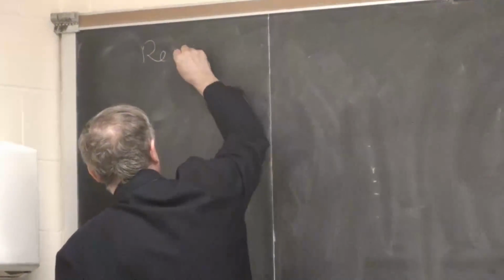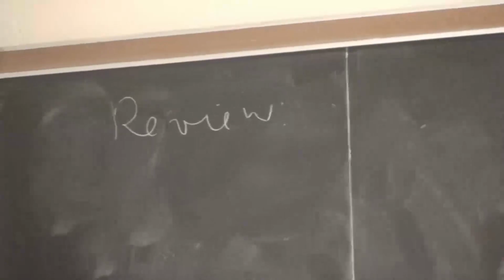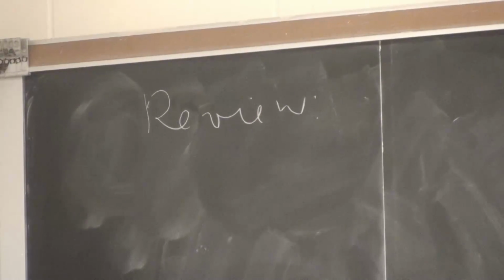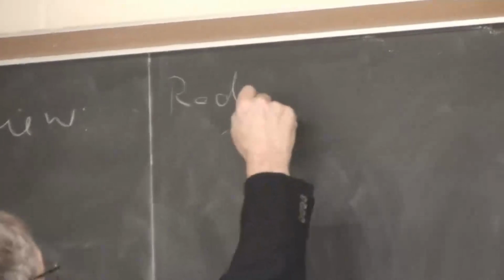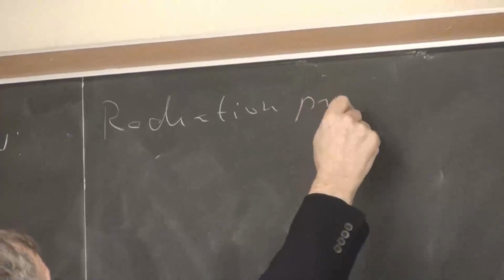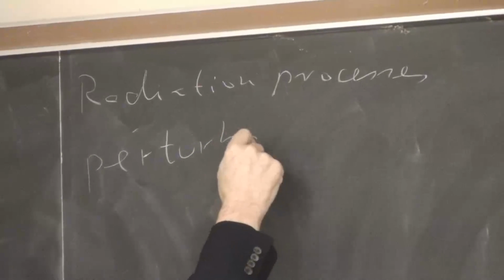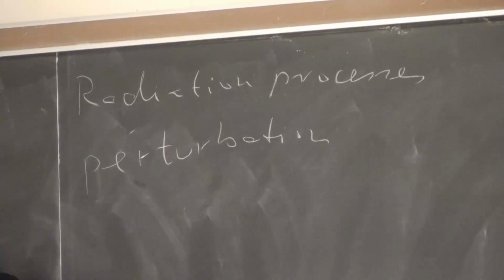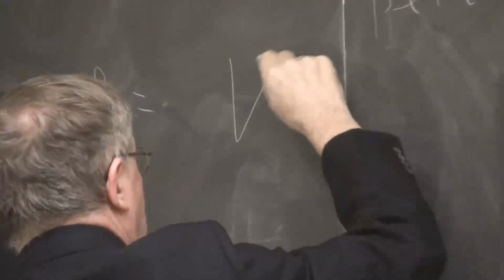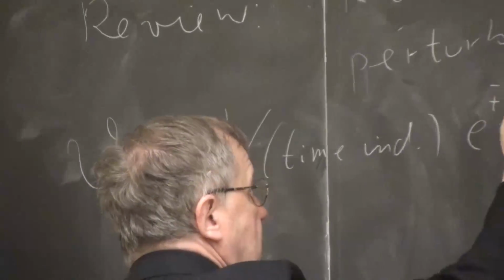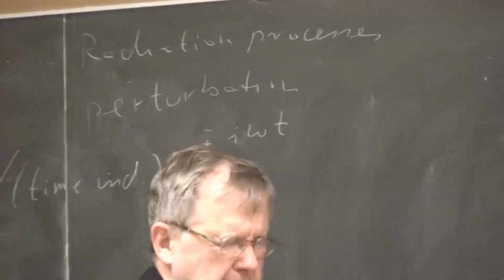So, very quick review. We were dealing with radiation processes that are characterized through a perturbation that we wrote then V is equal to, and then we had a small v which was time independent, and then we had a factor e to the minus plus i omega t that carried the time dependence.